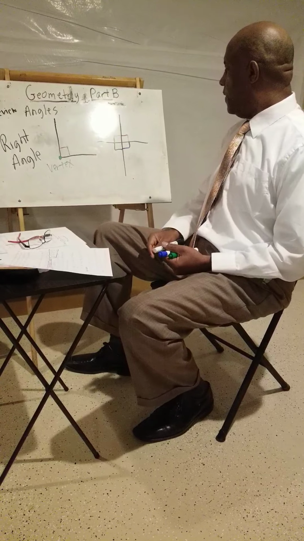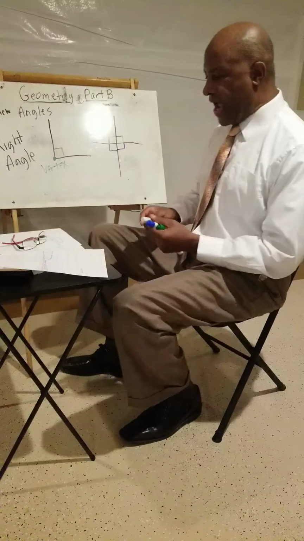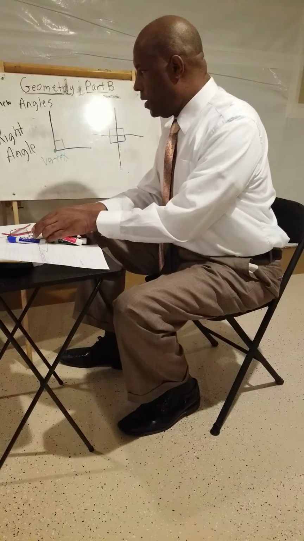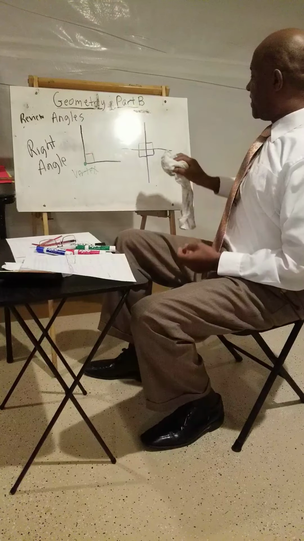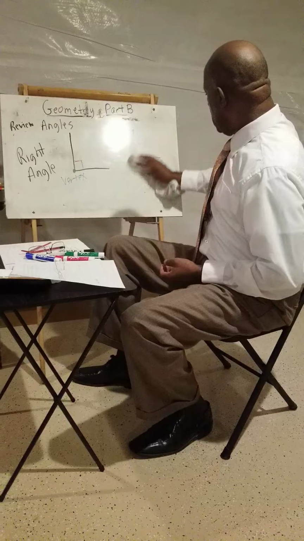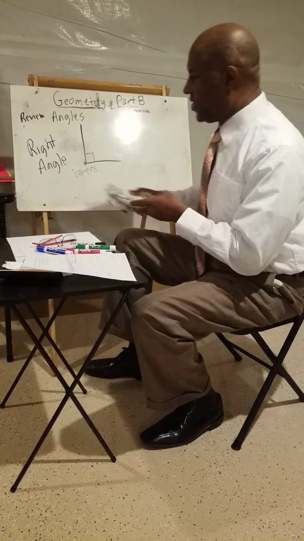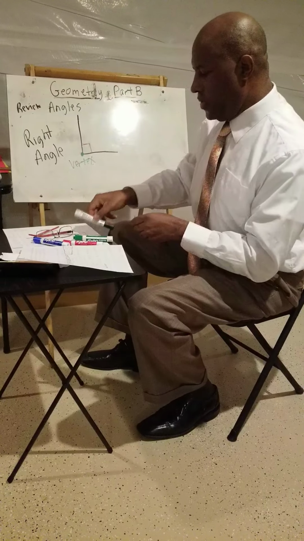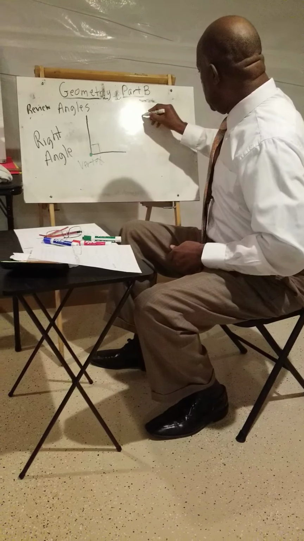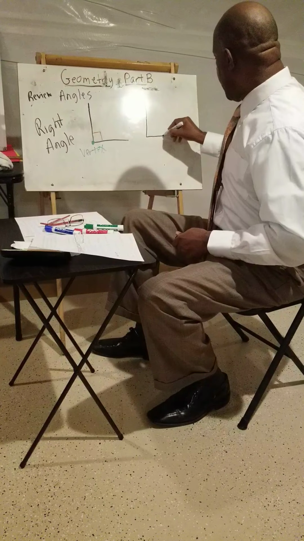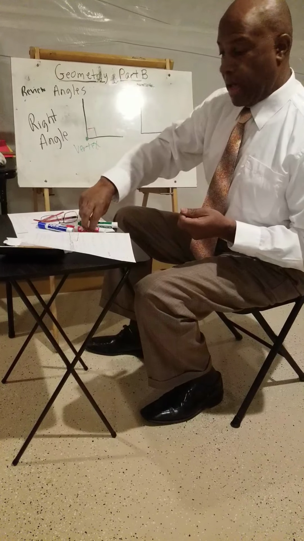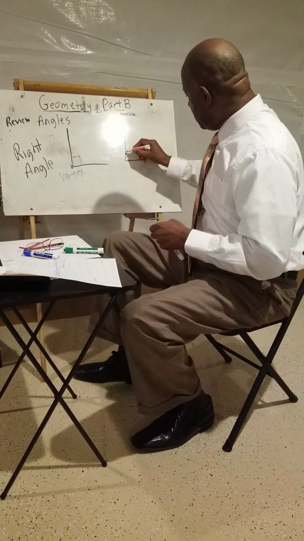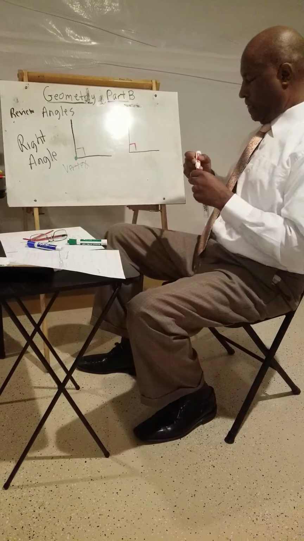So that's the right angle. And then we also discussed what an acute angle is. So as a quick sample, we'll put our benchmark angle out again, which is your right angle.